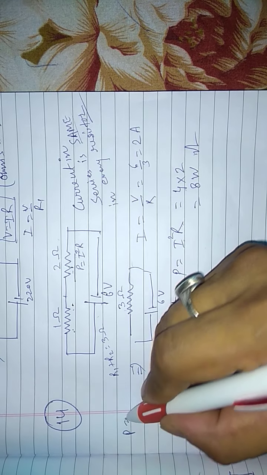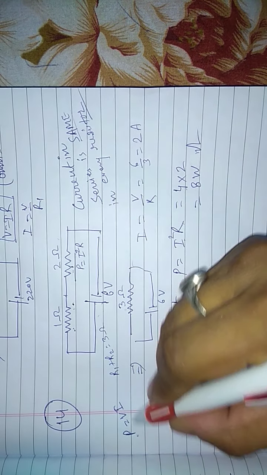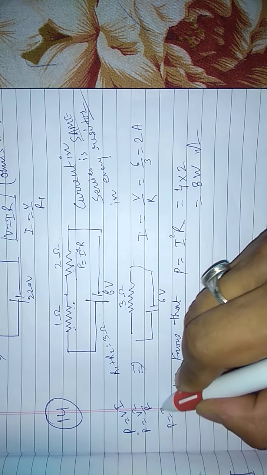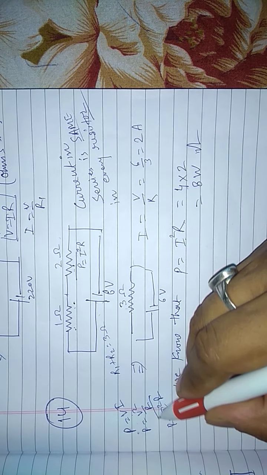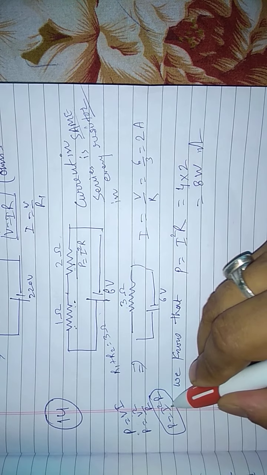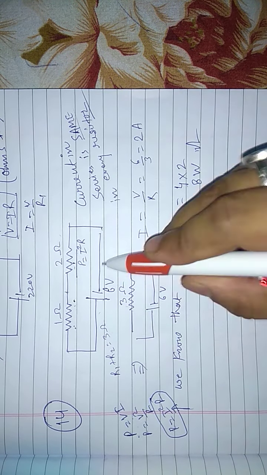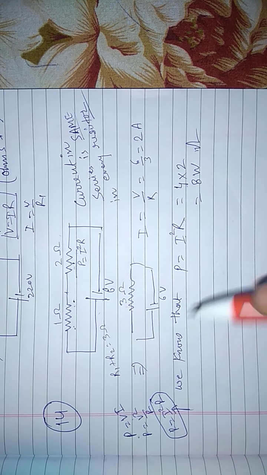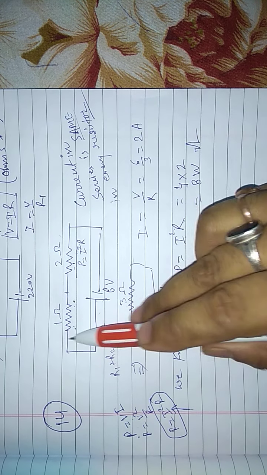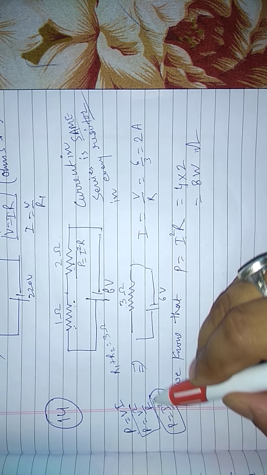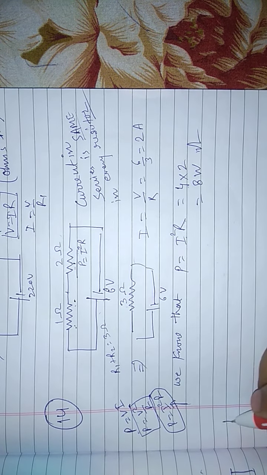We have three formulas: P equal to VI, P equal to V square over R and P equal to I square R. Why do we use this formula? Because I will be same in series combination. And in parallel combination, voltage is same, so we will use the other formula.